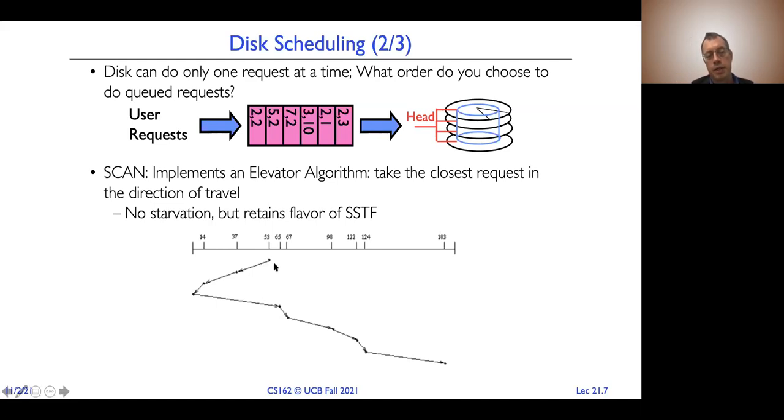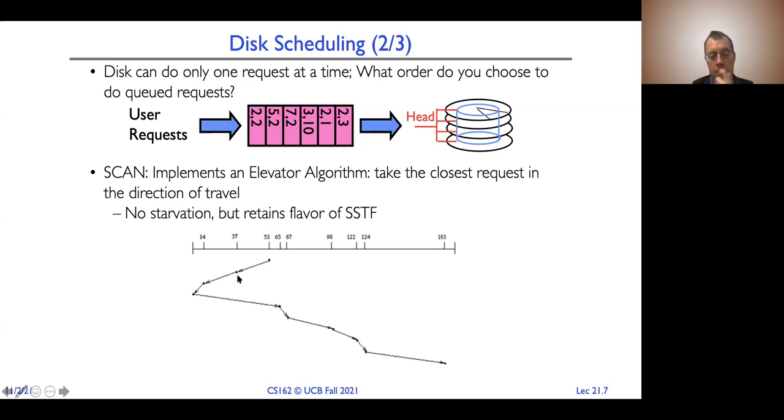So you serve the request on, say, track 53. Then you look in the queue and you have multiple requests. Say you pick the one which is closest to you in the direction you are going, which is 37. Then the next one is 14 and so forth.